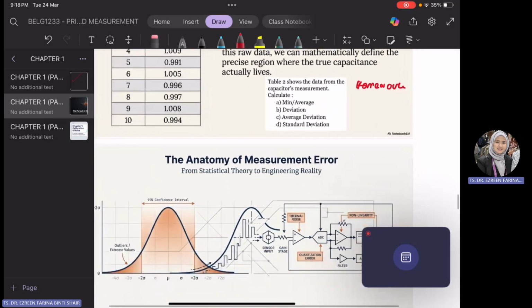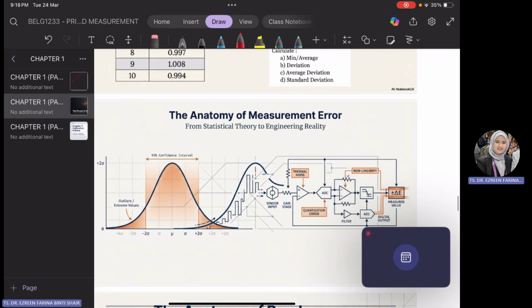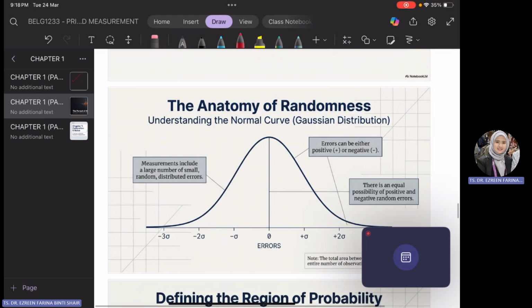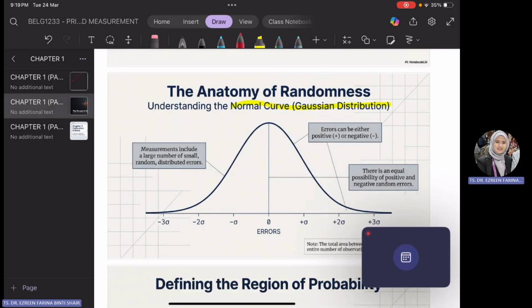So the next part of chapter 1, part 2 is the randomness error or the Gaussian distribution. As you can see in this slide, errors are practically represented in a normal curve or Gaussian distribution. What we can say from this figure is that this axis is the error.